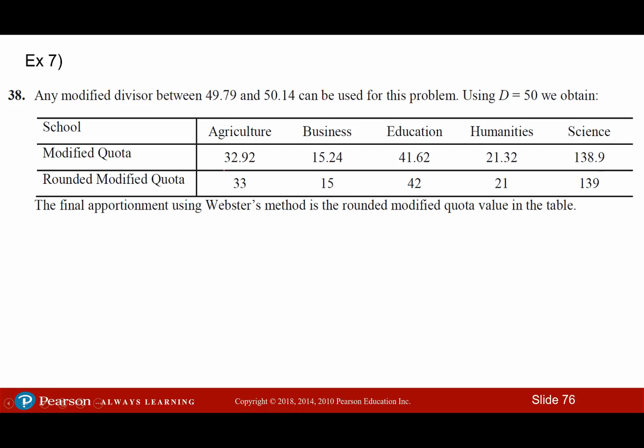If you add these up, 33 plus 15 plus 42 plus 21 plus 139, voila, it ends up to be the exact number of faculty positions that are there already. And so we're done. So the Webster method is useful in the sense that you're just using the regular rounding techniques that you normally would use, but you're trying to figure out the divisor that would make sense.